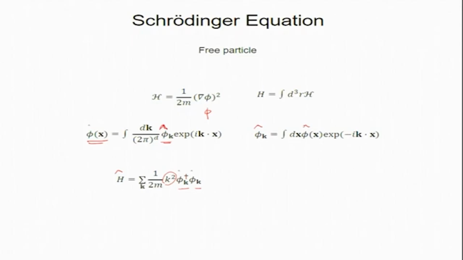Earlier we interpreted them as oscillators, but this is a sum of Hamiltonians, phi k dagger phi k, with 1 by 2m. The interpretation of dagger is the same as before, the transpose conjugate. We are working in an infinite box, so this sum is basically an integral.